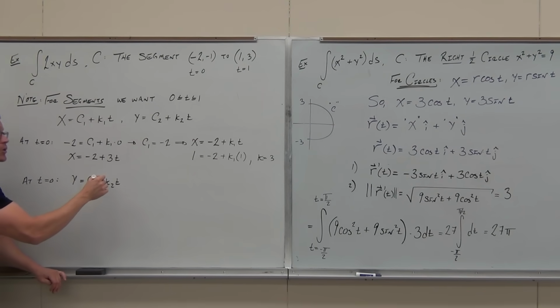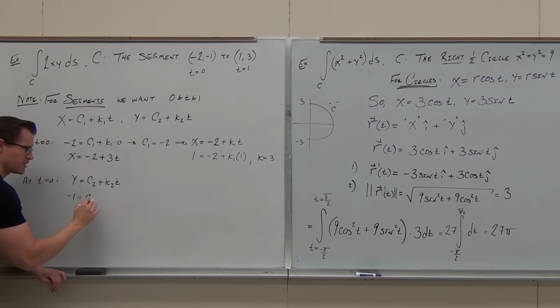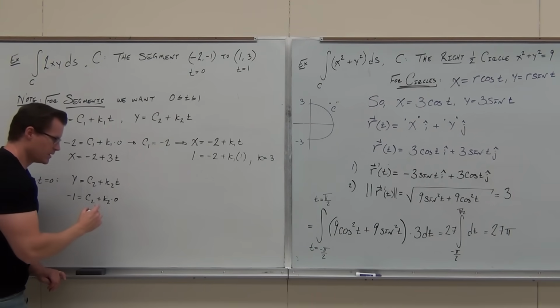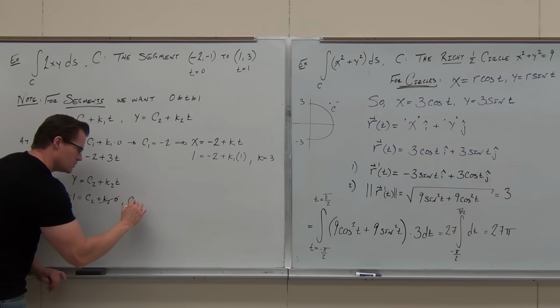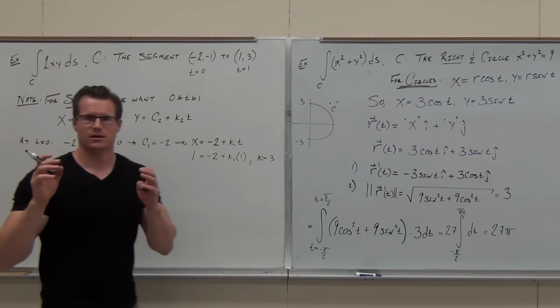So if you start here, you go, hey, at t equals 0, my y value is -1. My C2 value, I don't know. My K2 value, I don't know. But my t value, I do know. It's 0. It eliminates this whole thing. And now we know that C2 is negative 1.